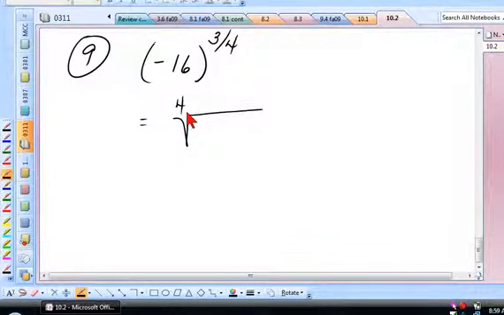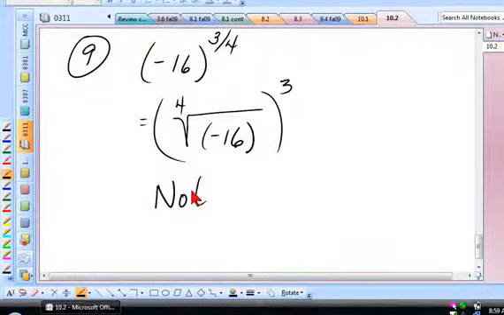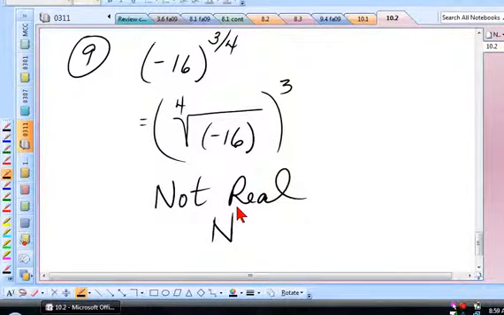Okay, somebody just got an error because you're taking the 4th root of negative 16. Now, it doesn't matter whether the 3 is on the inside or the outside, because can you take the 4th root of a negative base? No. This is not real, which means, according to MATLAB, you would use letter N.